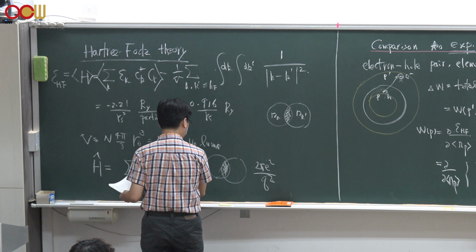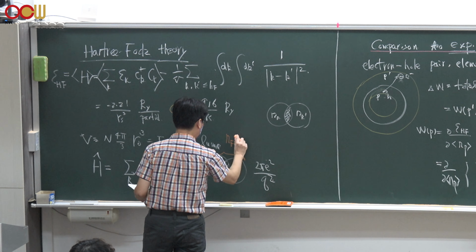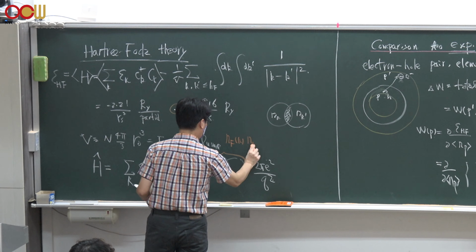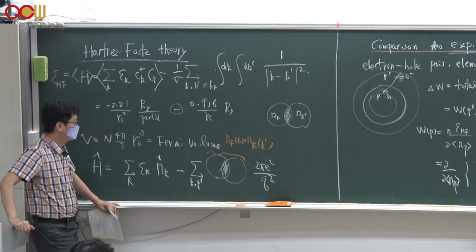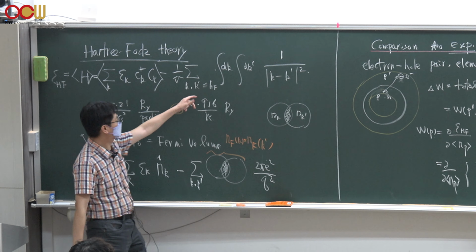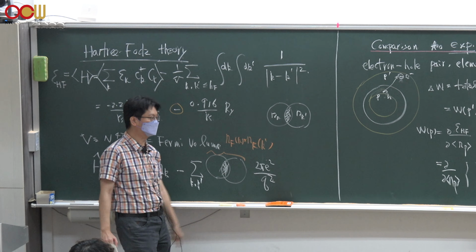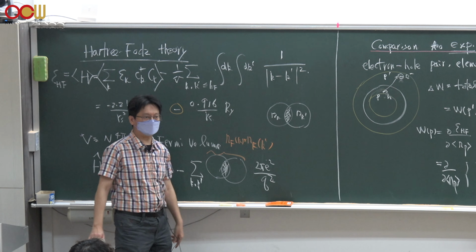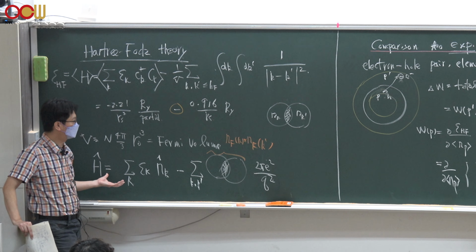Okay? And this is given by f of k and f of k prime, right? So in other words, the second term, the Fock exchange energy, is given by the product of the two Fermi functions. One is centered at k, another is k prime, and this is the total energy of Hartree-Fock theory.